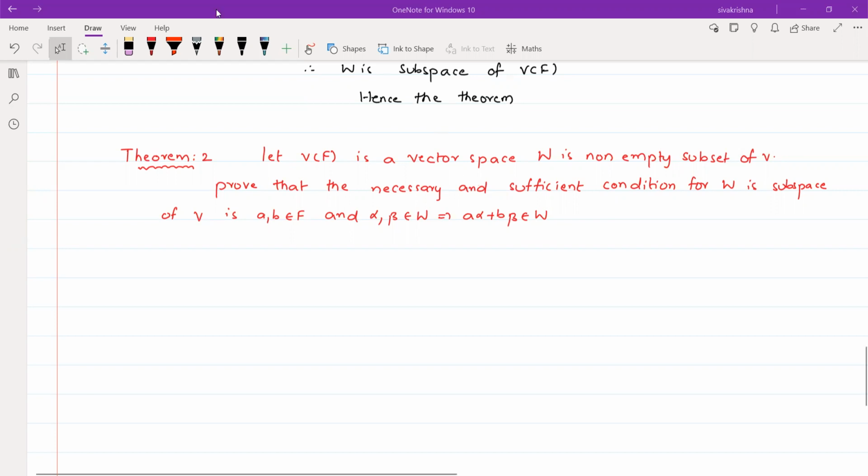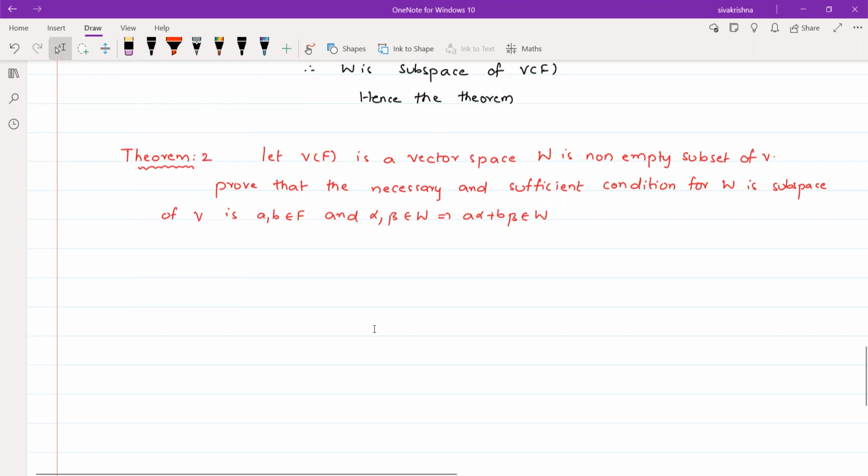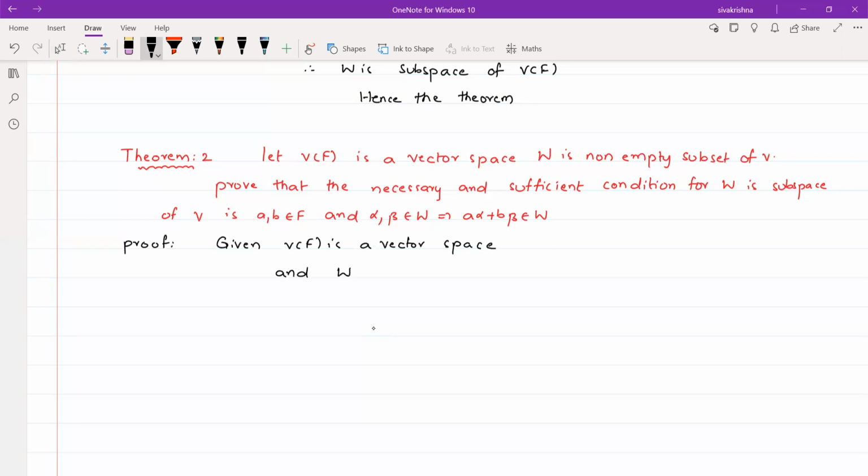Okay. So coming to the proof, the common hypothesis was V(F) is a vector space and W is a subset of V. So that I am writing. Given: V(F) is a vector space and W is a subset of V. This is also given.